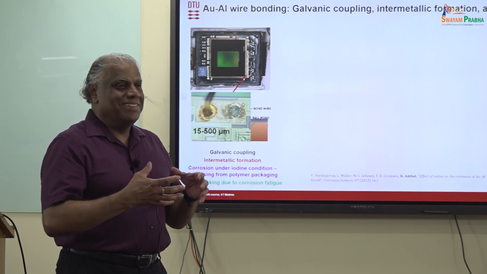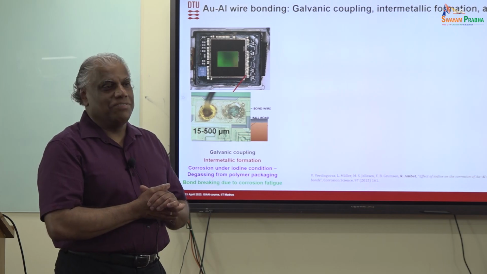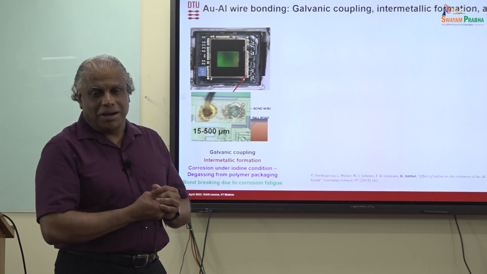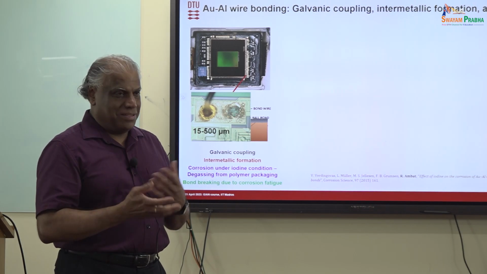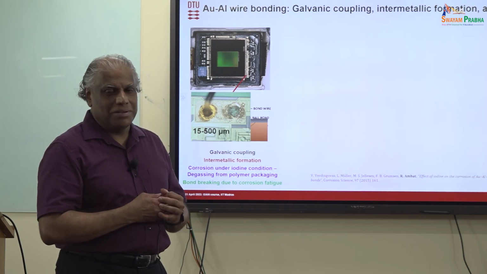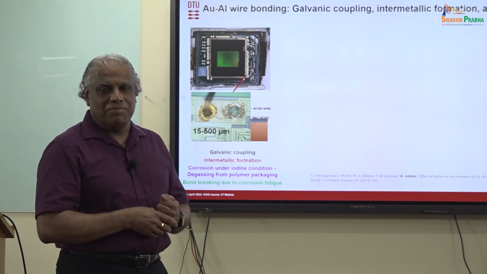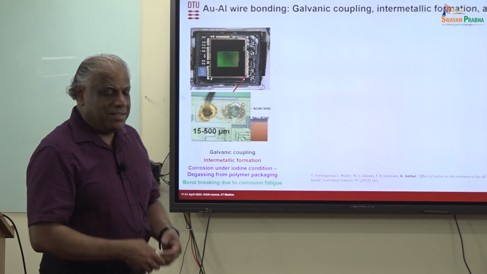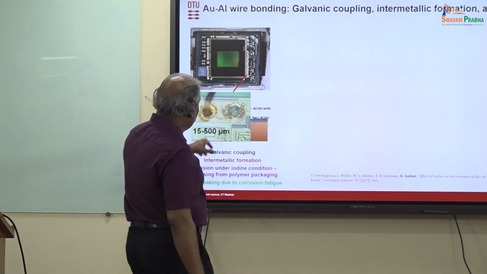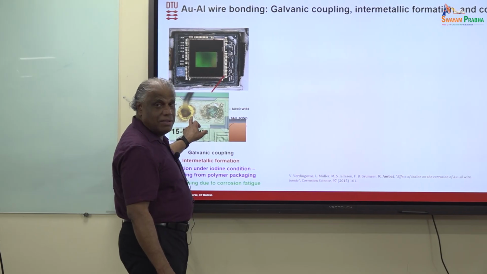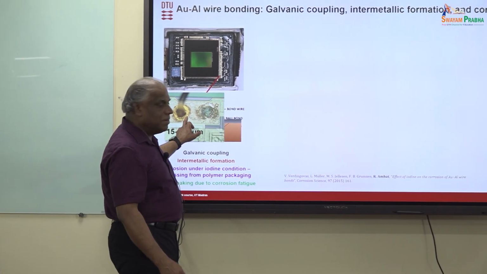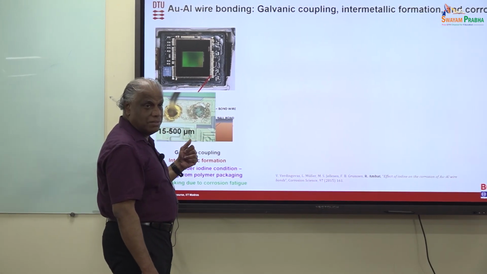With moisture coming to the polyamide surface, iodine comes out as a vapor, and the iodine mixes with the water, forming hydroiodic acid. This hydroiodic acid corrodes the bond wire. And when the bond wire is corroded a little bit, as I mentioned, it just debonds.